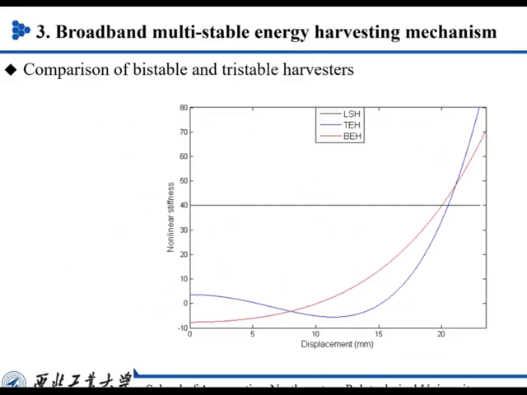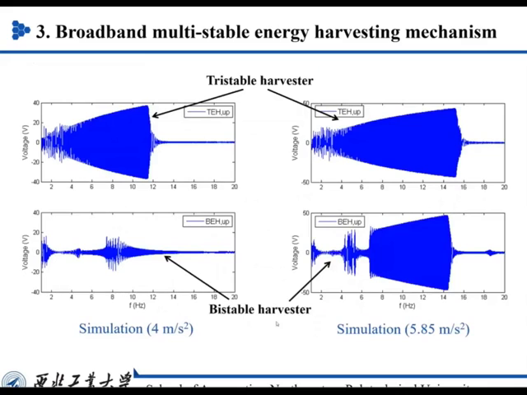We also get the nonlinear stiffness. The black one is a linear one, the blue one is tristable, and the red one is bistable. So in simulation, we can find that when the excitation level is low, the tristable harvester can realize interwell oscillation, and the output voltage is higher than the bistable one.